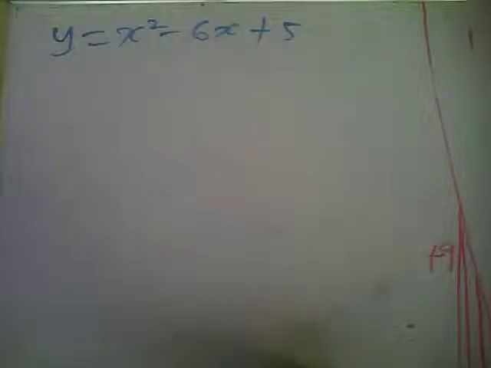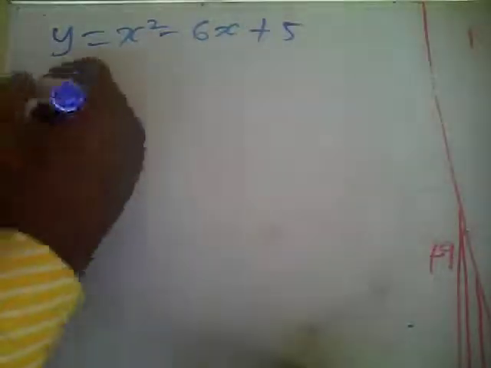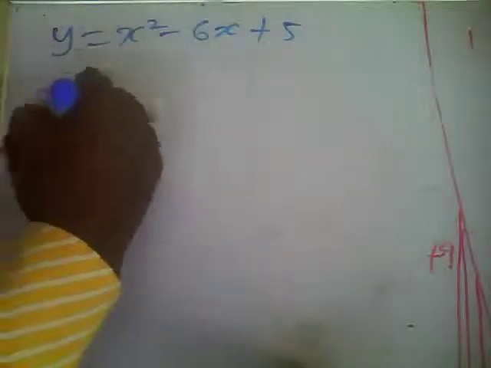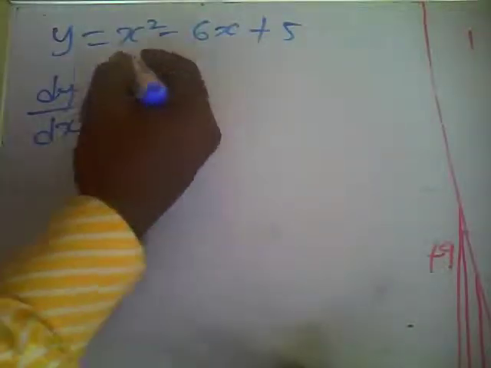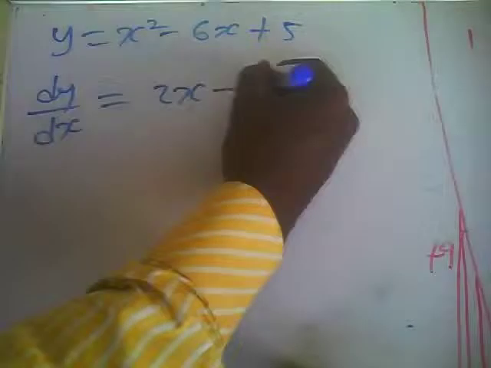So that means we need to first find the value of x that makes the function a minimum. Then we put that value of x into the function to get the minimum value of the function. So the first thing is we find dy/dx, the derivative of the function, and that is 2x minus 6.